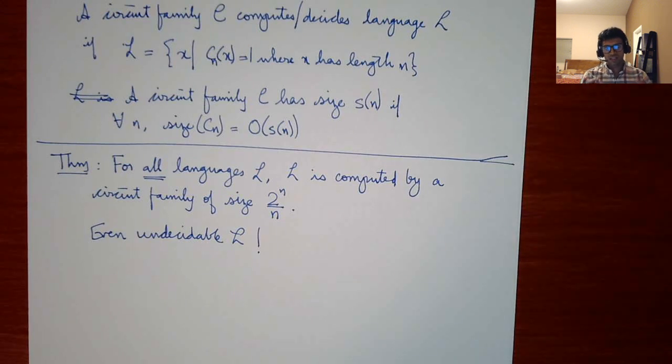What is the size of the representation of a circuit family? Like how much can you write down the description of a circuit family?